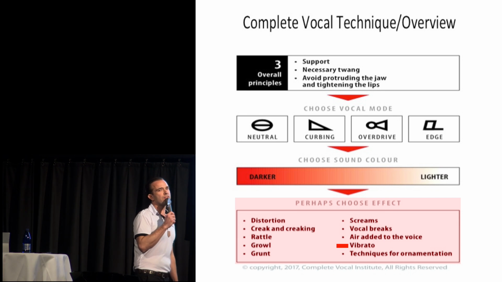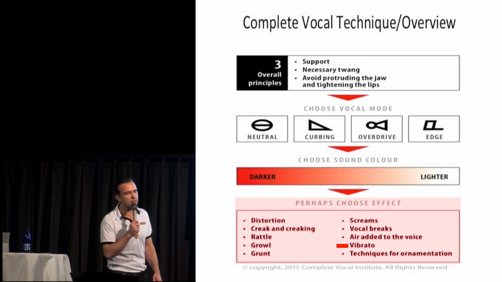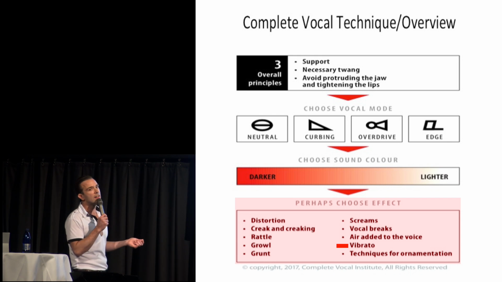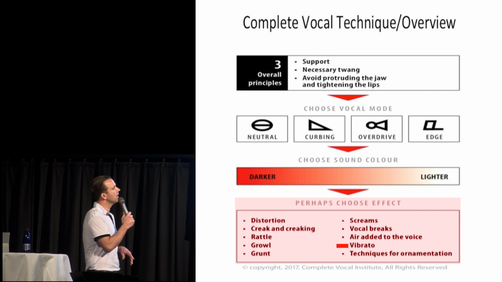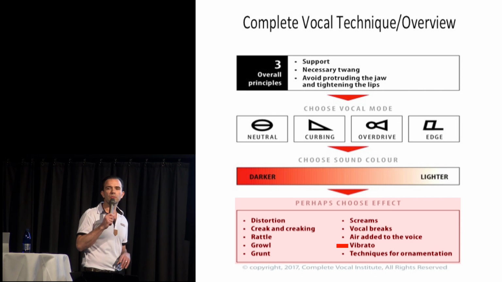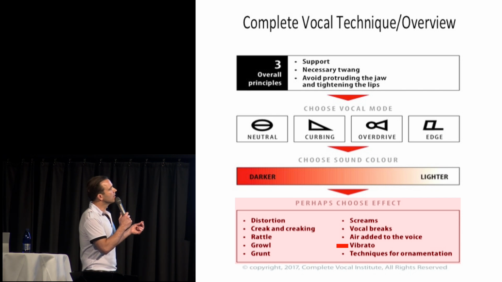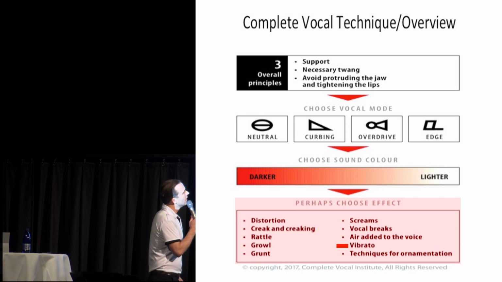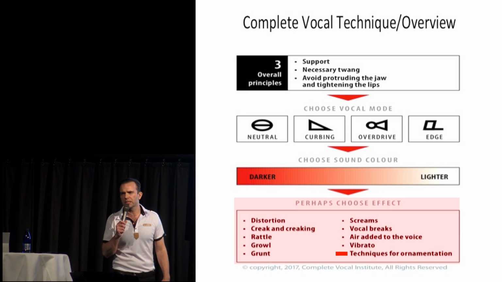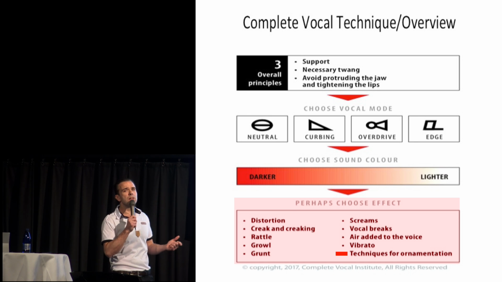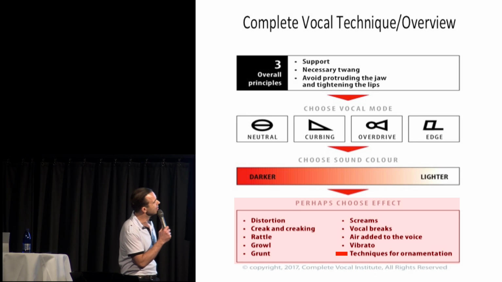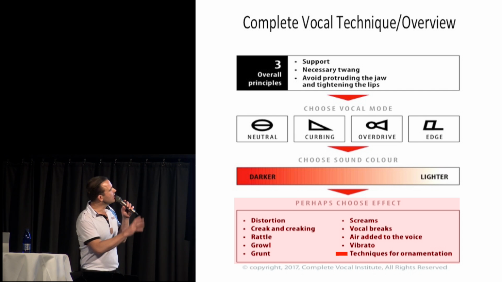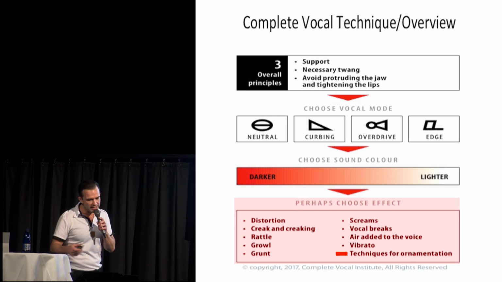Vibrato, we have 3 different kinds: the laryngeal vibrato, we have hammer, which is a little bit more staccato, and we have something in between called pulsations, which is where the 2 meet. And then finally we have techniques for ornamentation. Right, so these are all the effects.